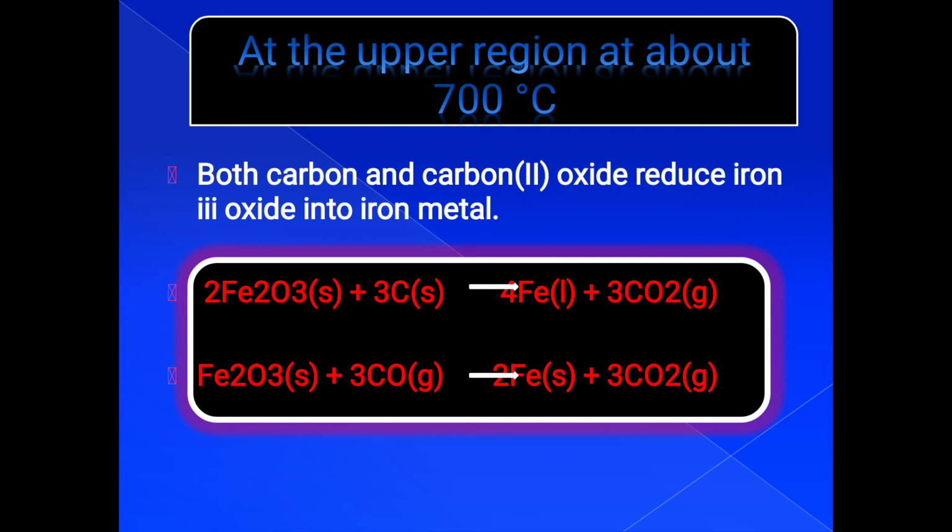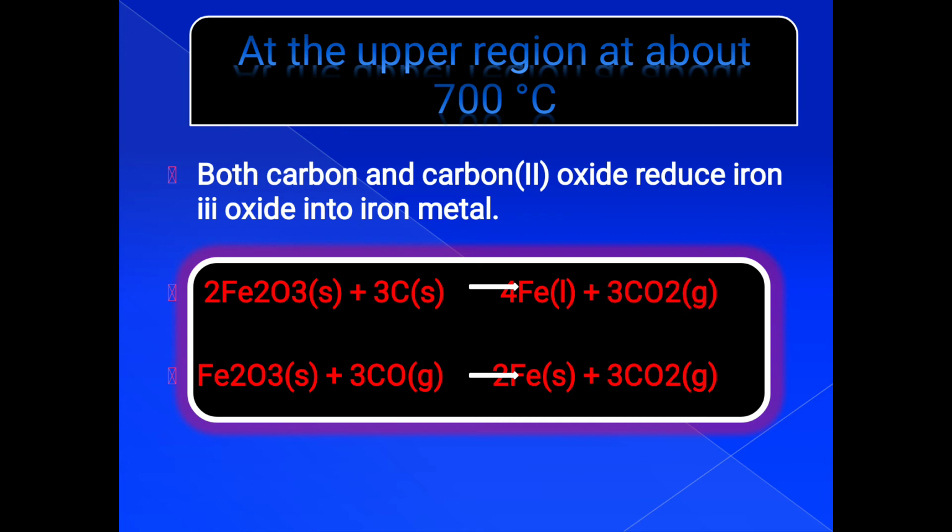Then we have the upper region. This is where we have iron oxide, and it is reduced by both carbon 2 oxide and carbon. It is reduced to iron metal. And these are the equations. We have iron 3 oxide reacting with carbon to give us iron plus carbon 4 oxide.